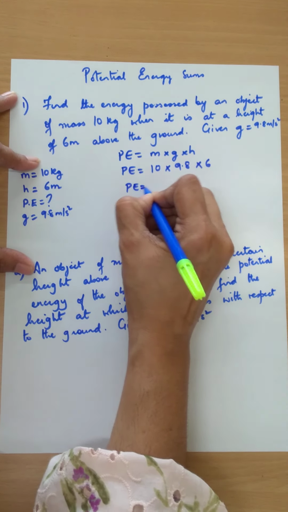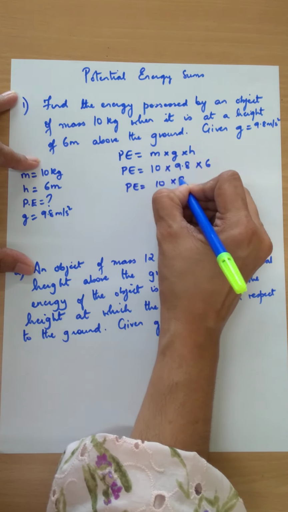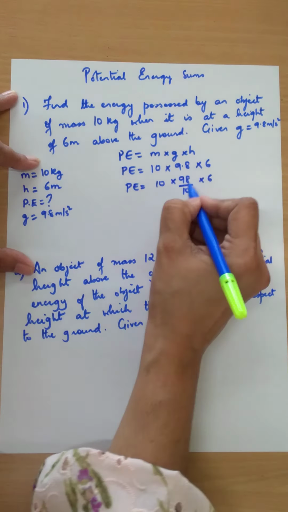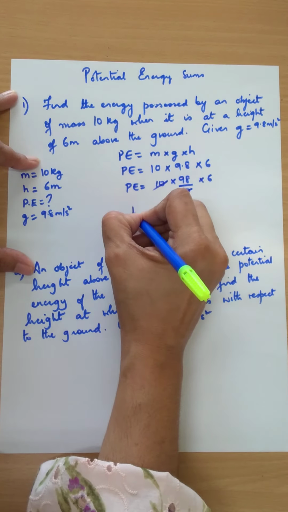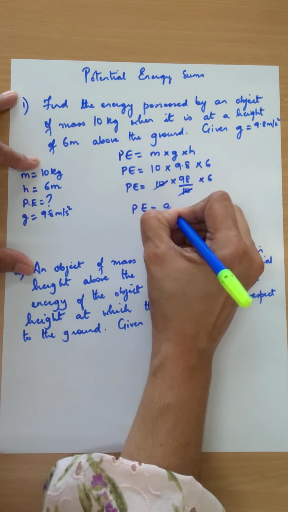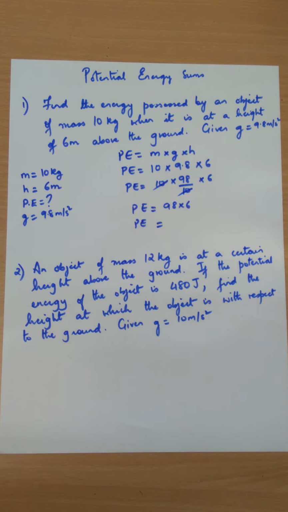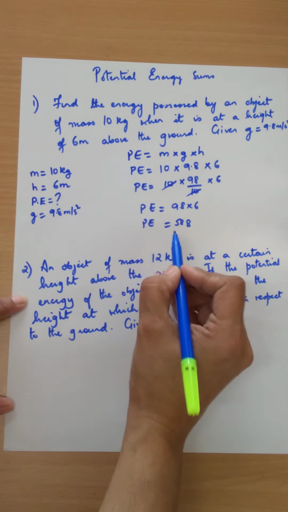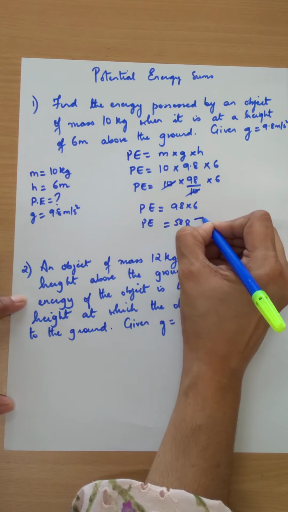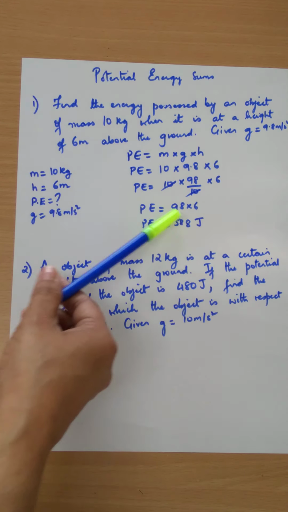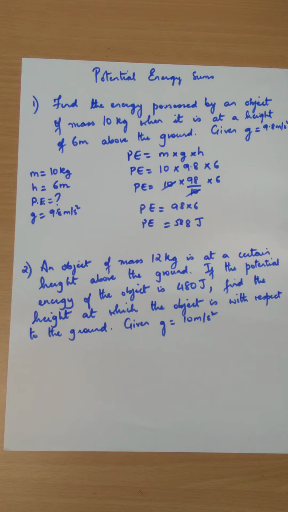So potential energy will be 10 multiplied by 98 divided by 10 multiplied by 6. 10 and 10 cancel. So potential energy is equal to 98 multiplied by 6, which is equal to 588 joules. Is that clear? So 98 into 6 is 588 joules.